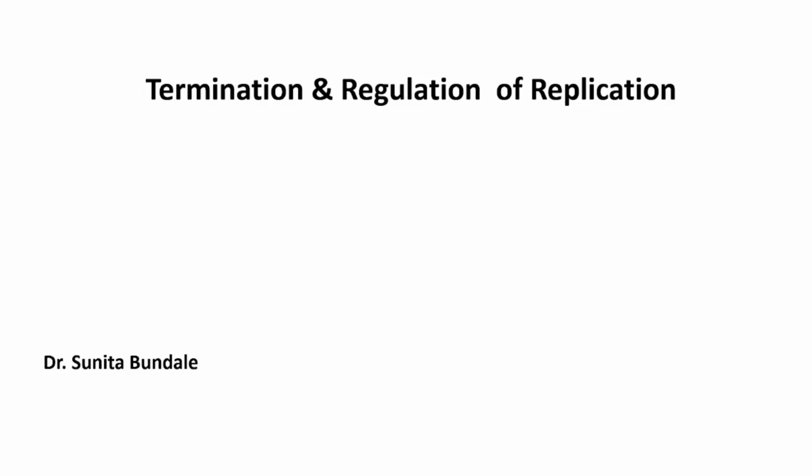This occurs when two replication forks progressing in opposite directions from the origin meet at a defined region on the chromosome, that is the termination site, thus concluding the replication cycle. Termination would mean dissociation of the entire replication machinery and also separation of the two completely formed daughter duplexes.